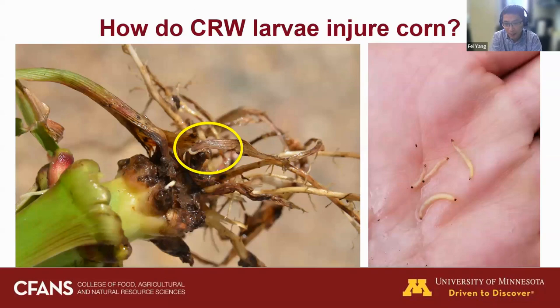So on this slide, on the right hand, you can see these are big larvae of corn rootworm. These are first, second, and third instar, and on the left hand, in the circular yellow one, you can see the larvae feeding on the roots, and they prune the roots to the node, and for one node, you can see no roots left over there.